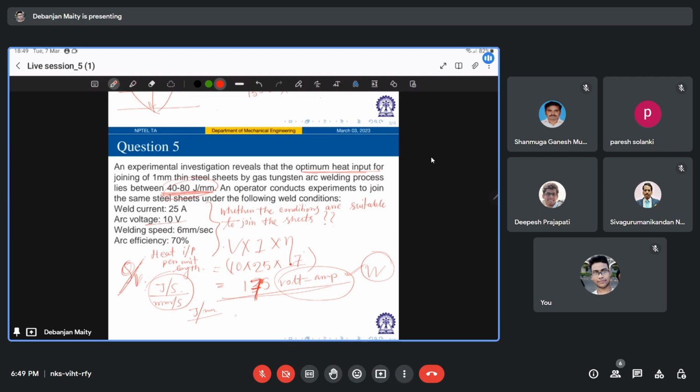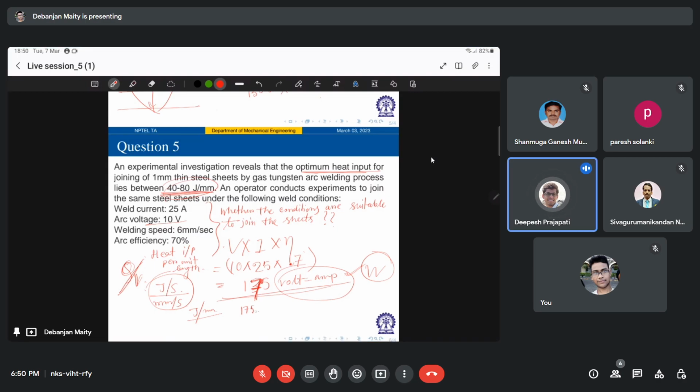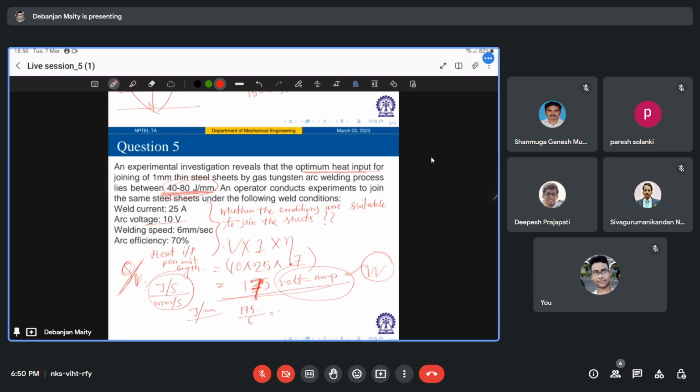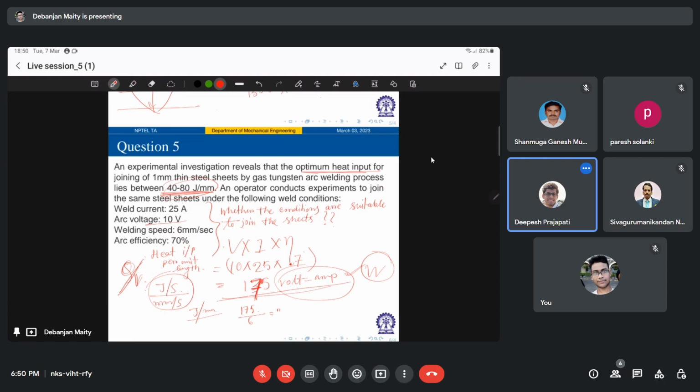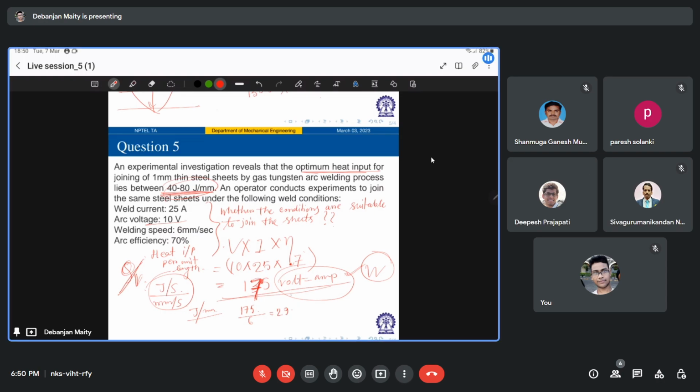So what will be your heat input per unit length? 29.17 joule per mm, and your optimum heat input for joining is ranging from 40 to 80.